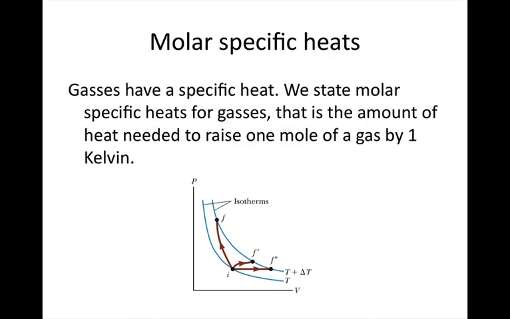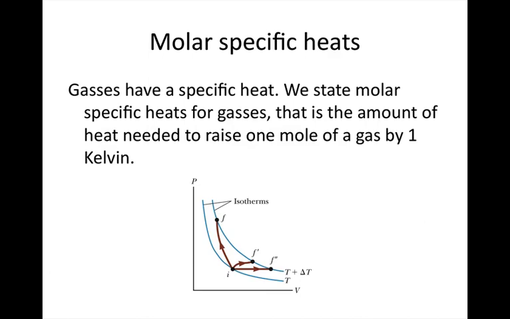To get from the initial point at temperature T to one of these final points at temperature T plus delta T, the temperature has changed by an amount delta T, and we've had to add in a fixed amount of energy.